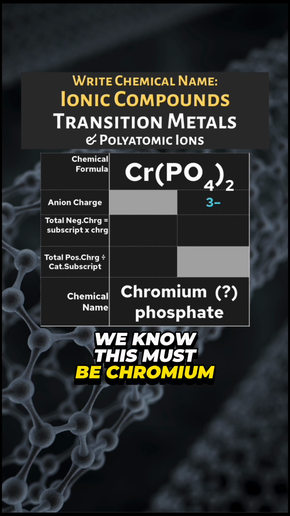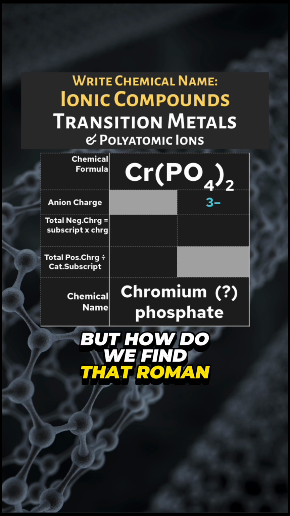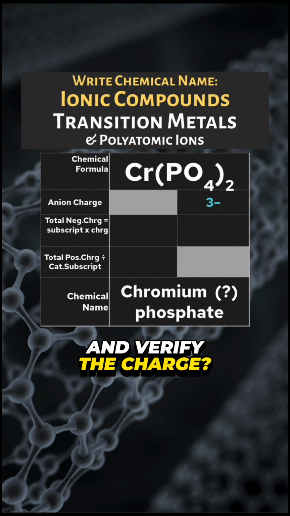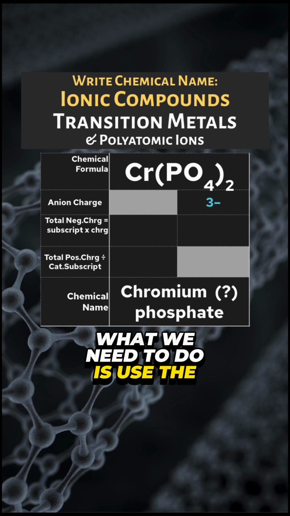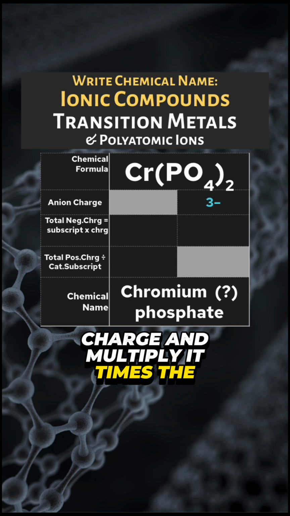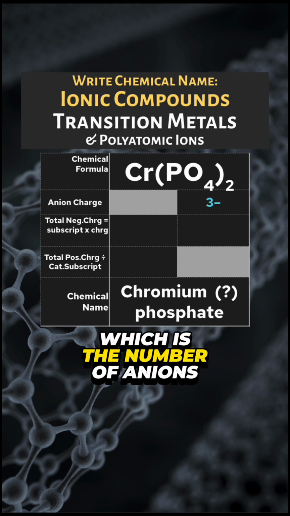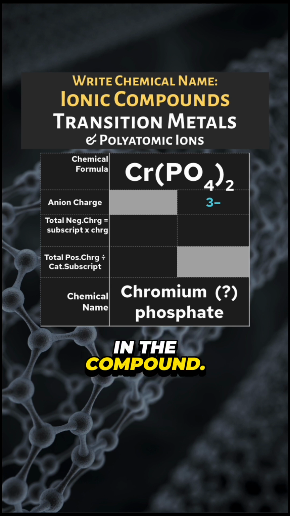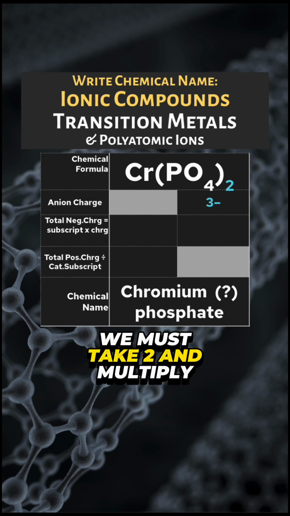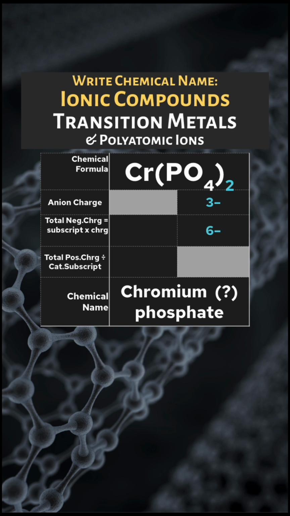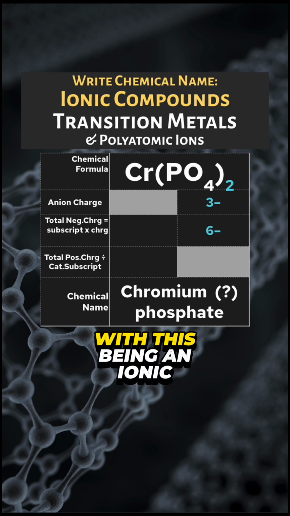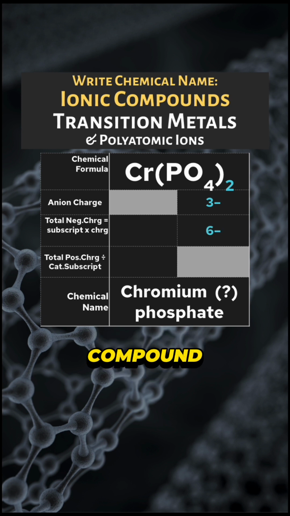We know this must be chromium phosphate, but how do we find that Roman numeral in the middle and verify the charge? What we need to do is use the anion's charge and multiply it times the subscript, which is the number of anions in the compound. Since there are 2 phosphates in this compound, we must take 2 and multiply it times -3, giving us a -6. With this being an ionic compound, the total charge must be equal to 0.